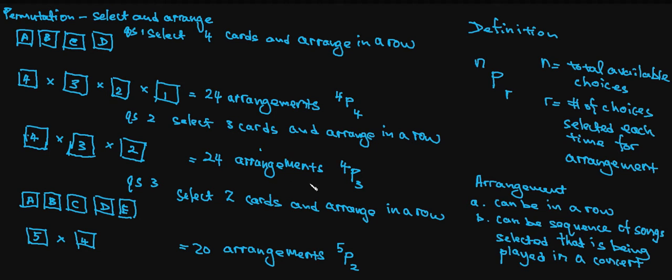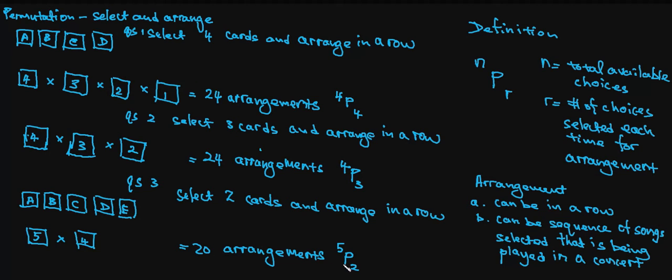But how do you write this in permutation format? Let's look at this. I have a total of 4 cards, but I can only select 3 cards to form the line. Now question 3. If I'm requested to select 2 cards and arrange them in a row, the first card has 5 choices and the second card has 4 choices, 5 times 4 gives you 20 arrangements.